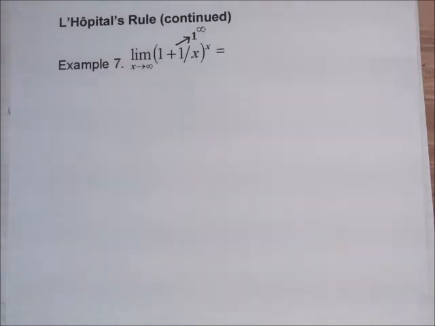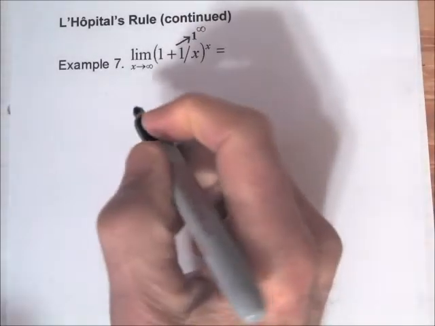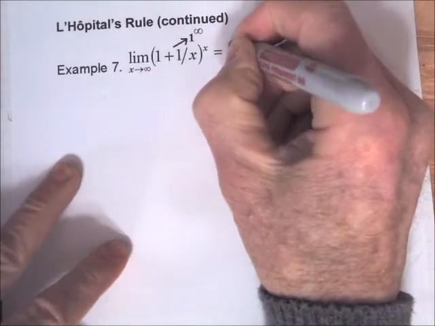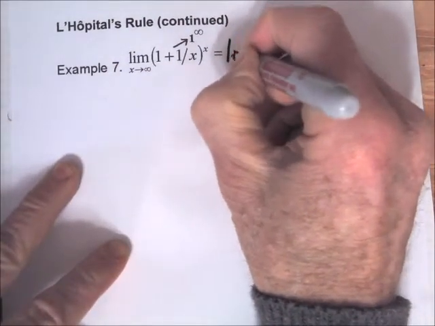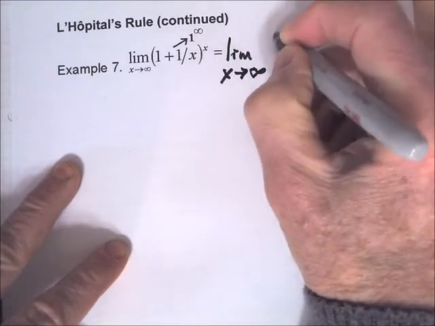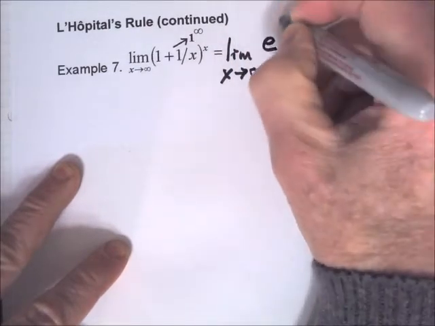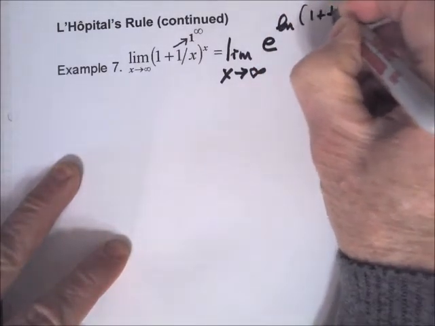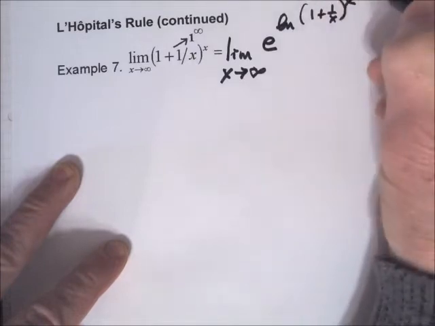Let's compose it with exponential and log again. We'll write this as the limit as x goes to infinity of e to the ln of 1 plus 1 over x, to the x.